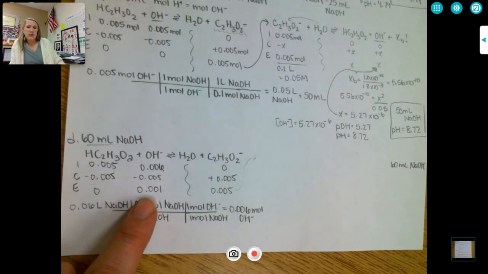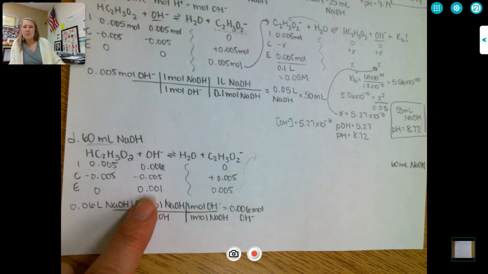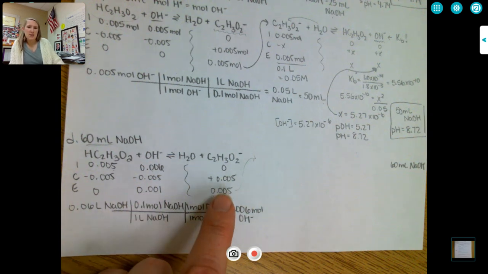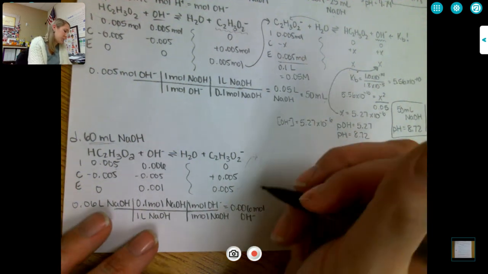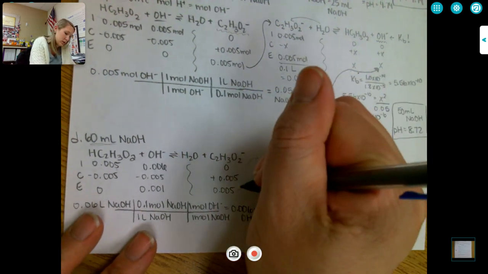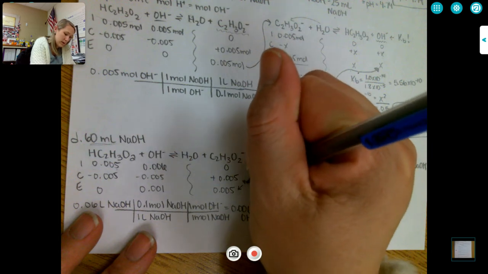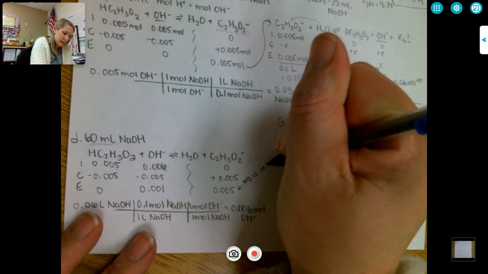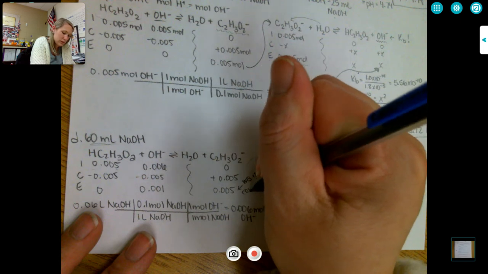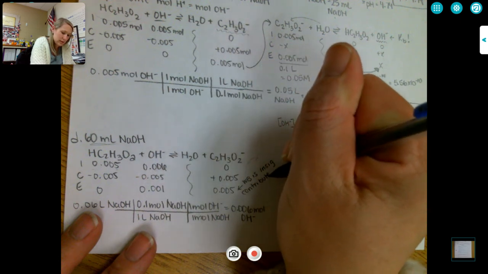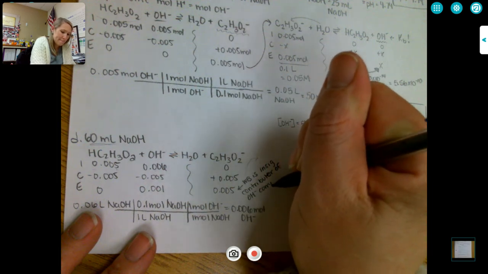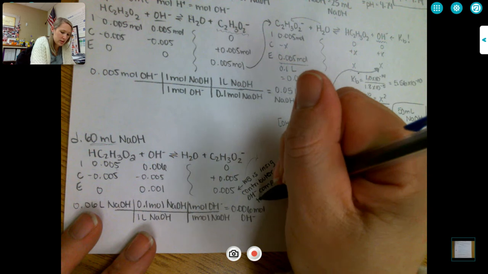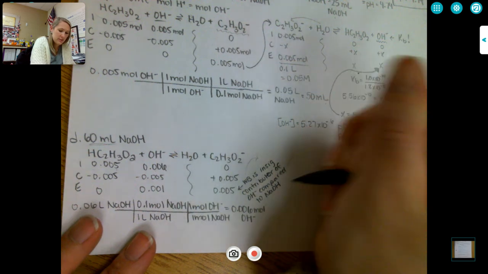However, this amount of hydroxide ions from our actual strong base is much more significant than the small amount that would come from our conjugate base making hydroxide ions with water. So we don't have to look at that. So we say that our weak base is an insignificant contributor of hydroxide ions compared to our sodium hydroxide.